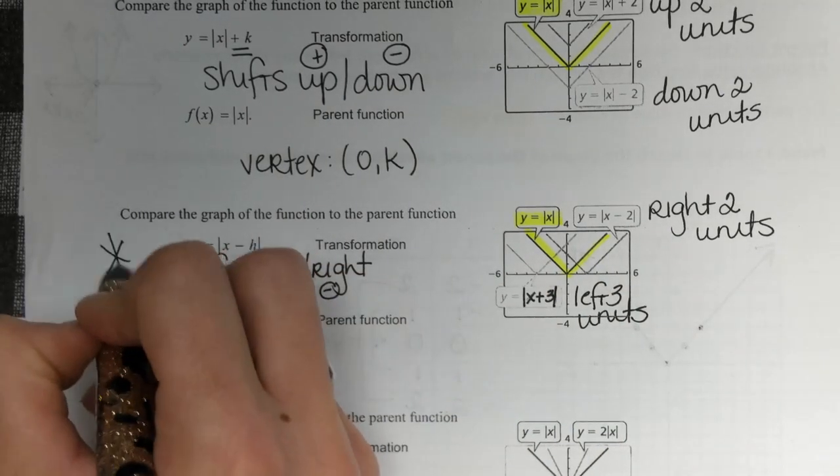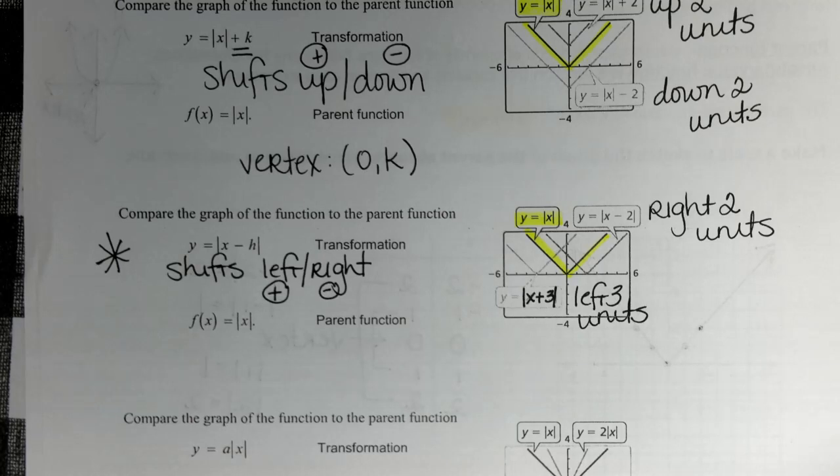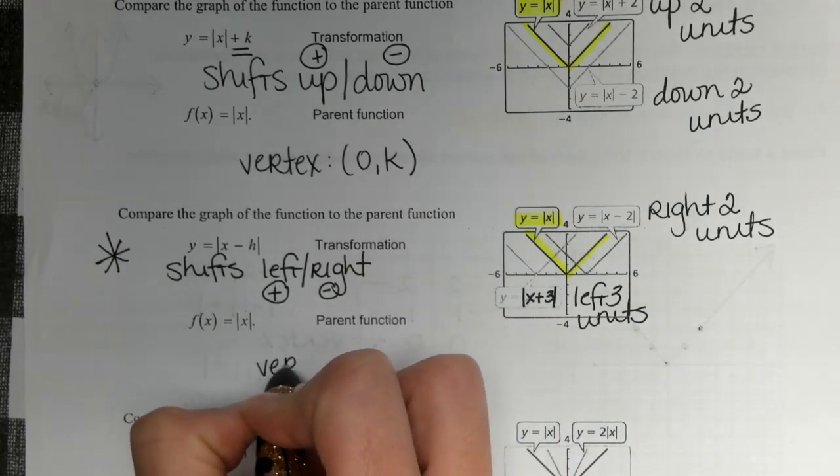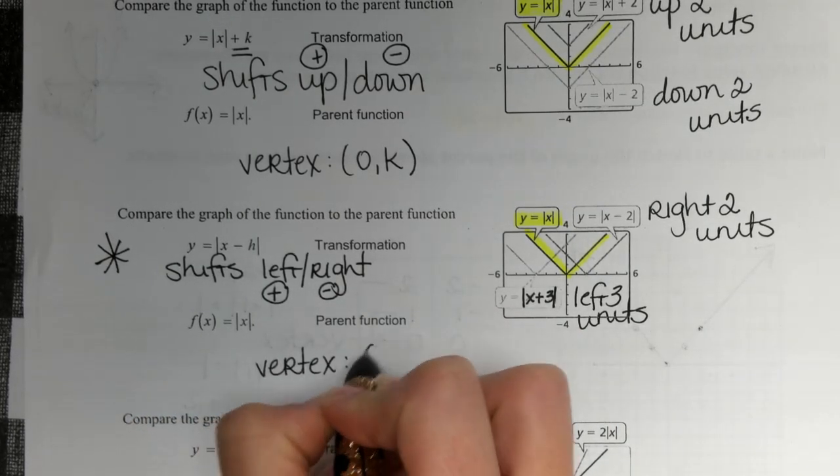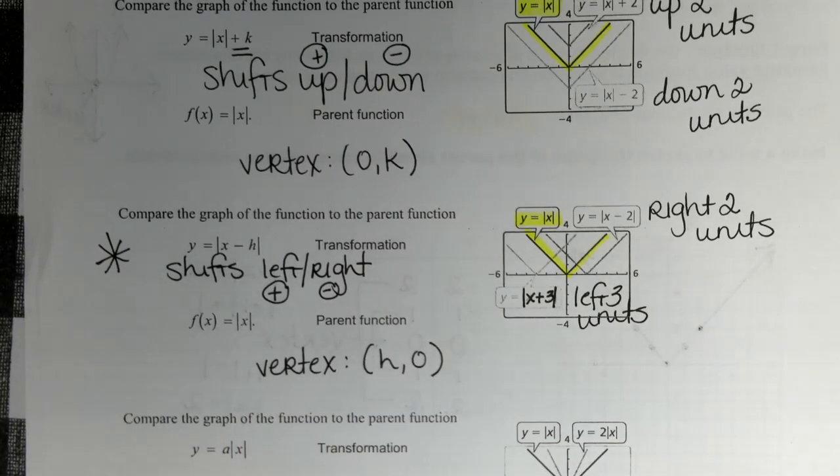You have to be careful with what's going on with your x. I always say x is a liar, so that helps me know it's the opposite of whatever it says on my paper. It's lying, it's the opposite of. Okay? So then your vertex, would that change my x value or my y value? If it was going left and right, it would change my x. So my vertex would be (h, 0). My y wouldn't change.